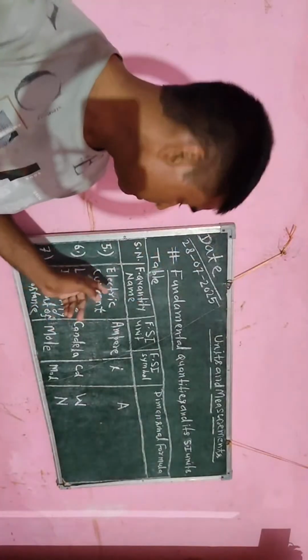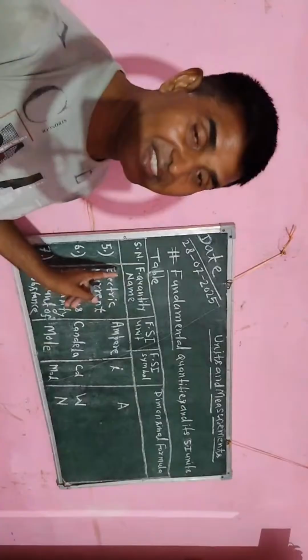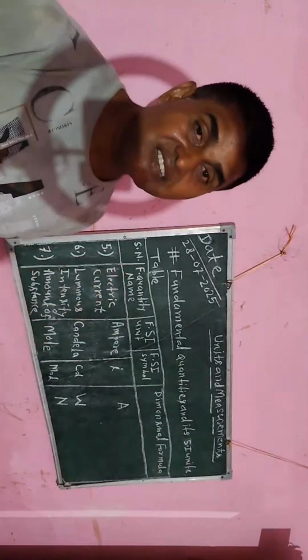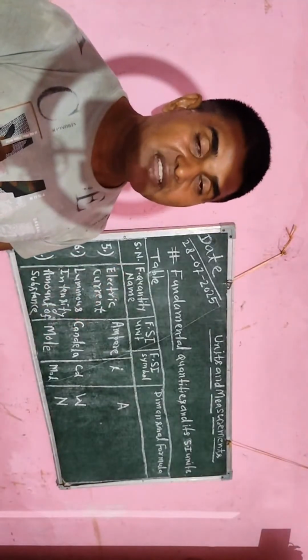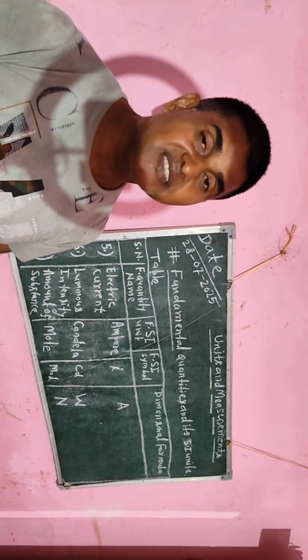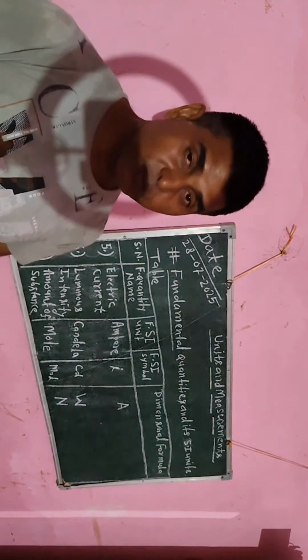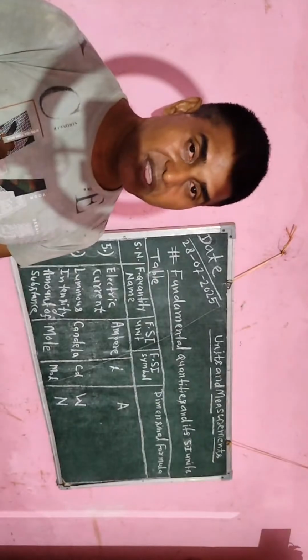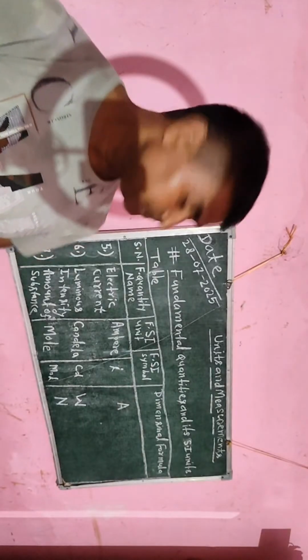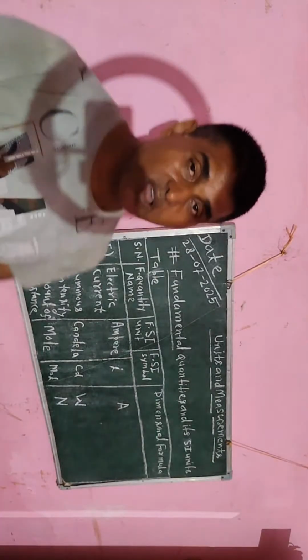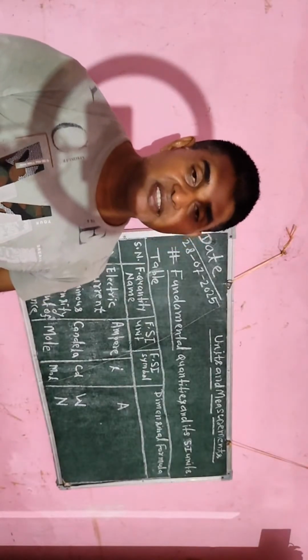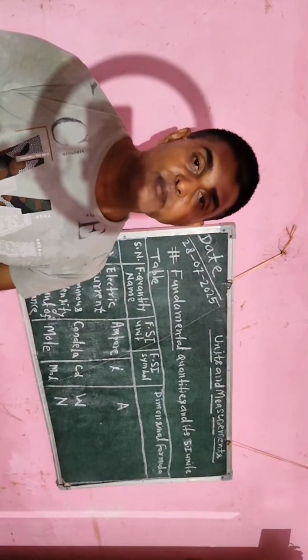One is length, which is lambai. Second is dravyaman, mass. Third is samay, time. Fourth I have already explained, that is taap, which means temperature.